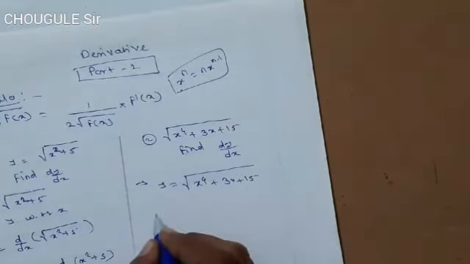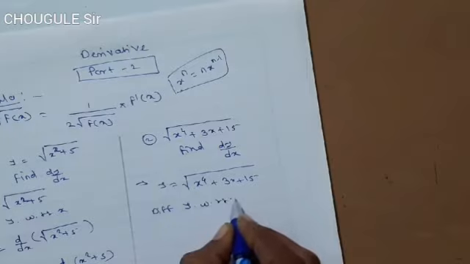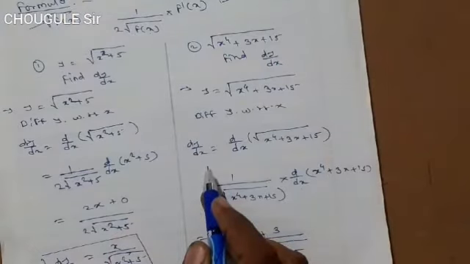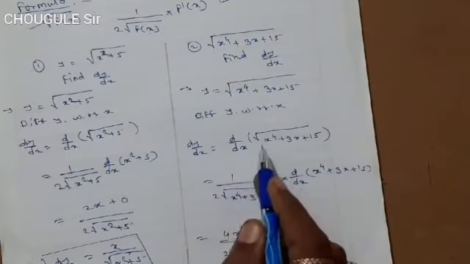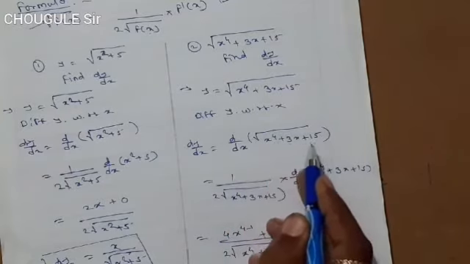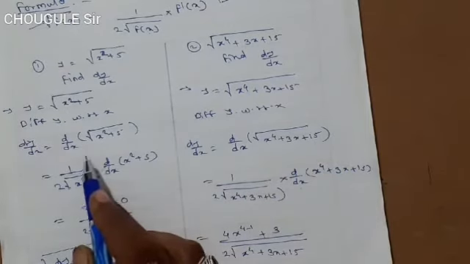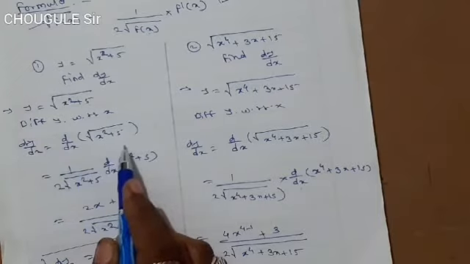Okay, so differentiate y with respect to x. We can find dy by dx of under root x raised to the power 4 plus 3x plus 15, just like the example under root x raised to the power 2 plus 5.